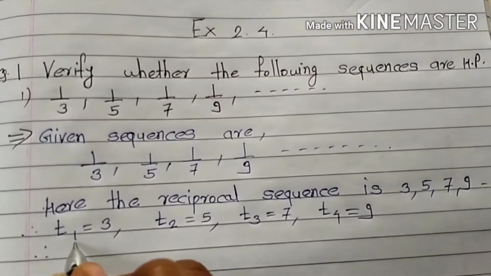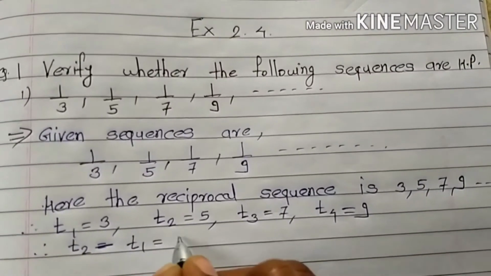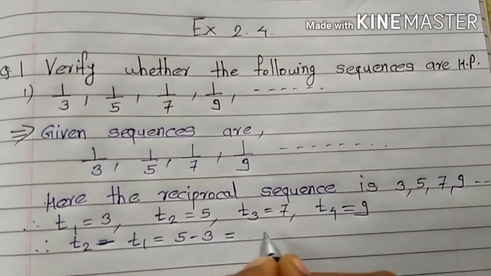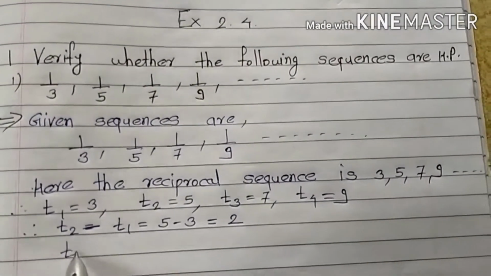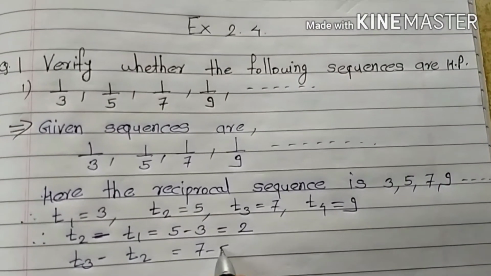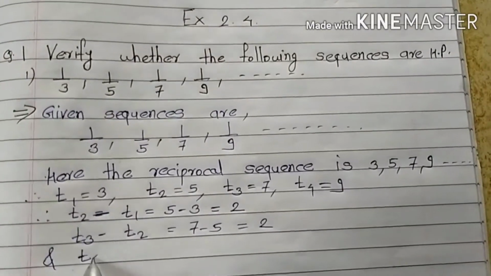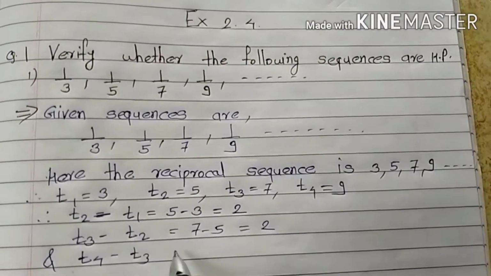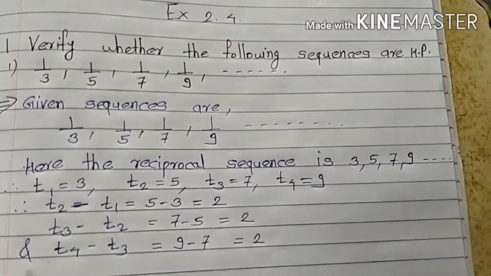Therefore T2 minus T1 is equal to 5 minus 3, which is equal to 2. Also we check T3 minus T2 is equal to 7 minus 5, which is equal to 2, and T4 minus T3 is equal to 9 minus 7, which is equal to 2.